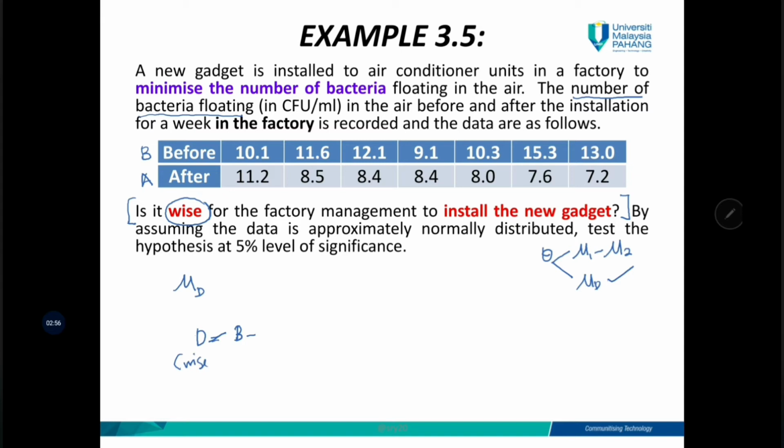Look at the variable: the data is about the number of bacteria floating. So it is wise to install the gadget if it shows that the gadget is efficient.